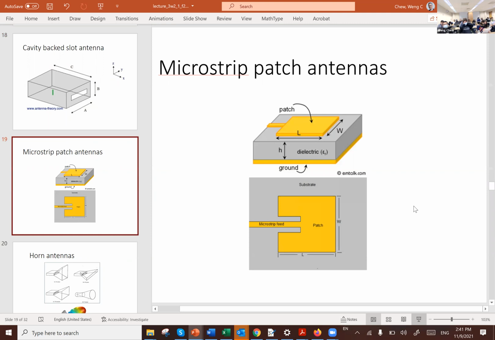You can also make microstrip patch antennas radiate well. These are very popular because they're easy to make. You have some copper-clad board, you have some hydrochloric acid, and you have some resist, I think they call it, that does not get eaten away by the hydrochloric acid.